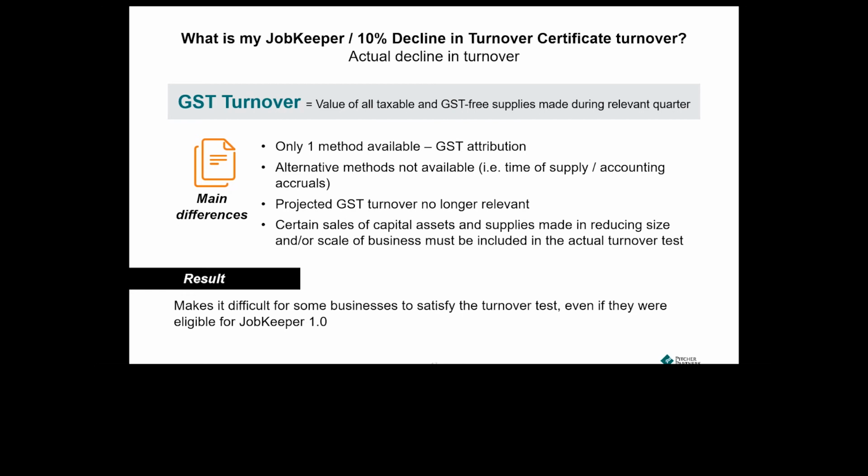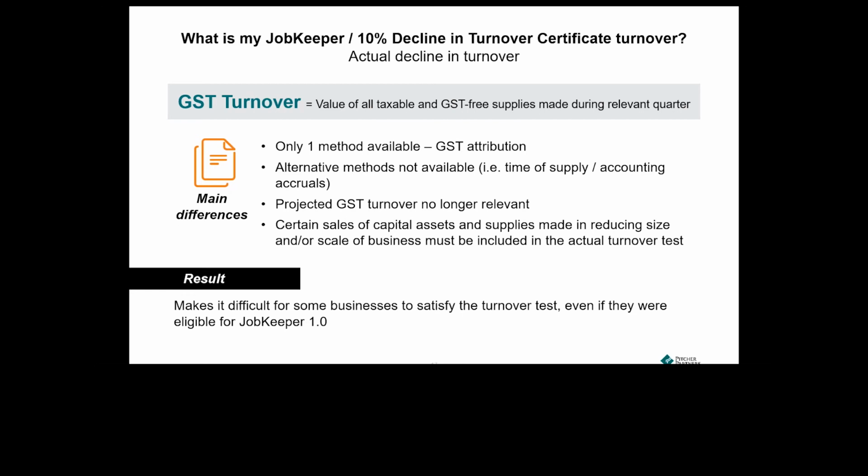However, in a significant departure from JobKeeper 1.0, there will now only be one method available to test your decline in turnover for the relevant periods, and that is known as the GST attribution method.